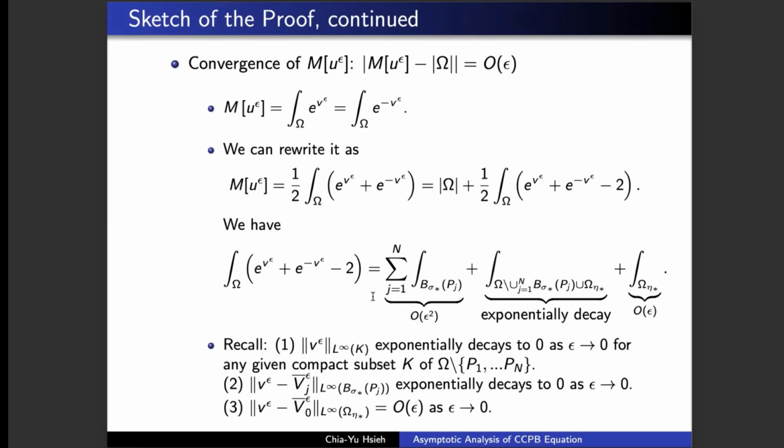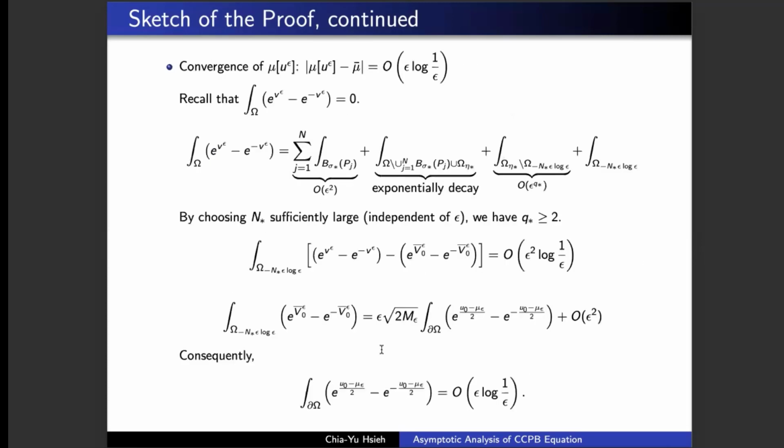In each region, we can use the approximation of the function small v, that is capital V bar, to calculate the error estimate. Near the singularity, we have an epsilon square order. In the interior, we have exponential decay. And near the boundary it is epsilon order. Combining all this together, we have the convergence of m to the measure of omega with an epsilon order error.